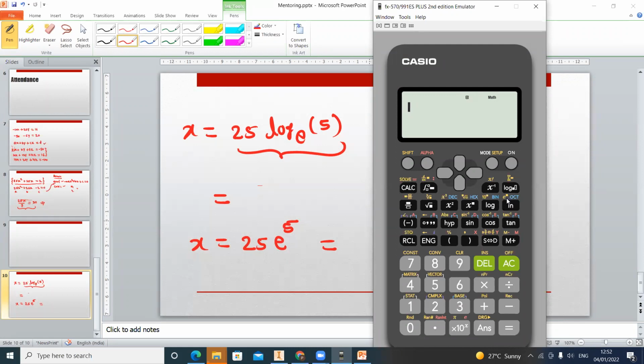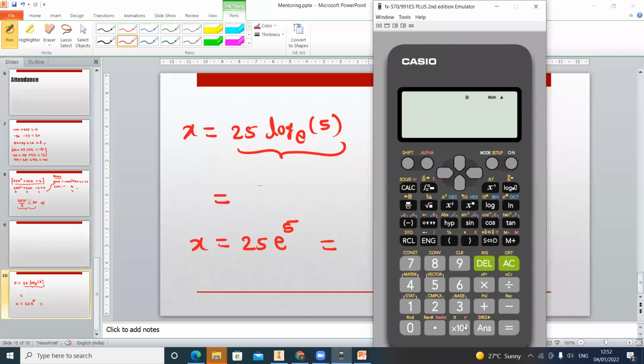You can see here e to the power. So I will enter this value 25. Then to access this exponential term with the same button, just press shift and then press ln. Directly you can see the e to the power, and then enter 5. Press equal to. Press AC.